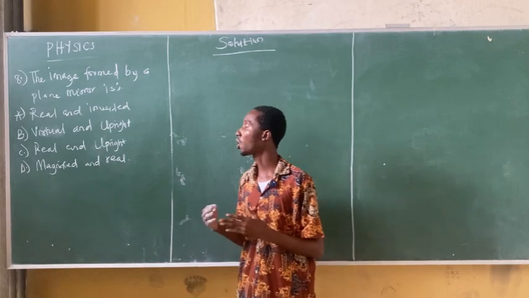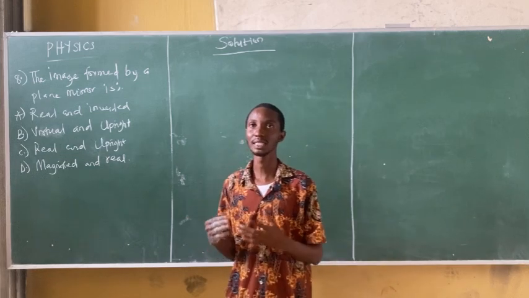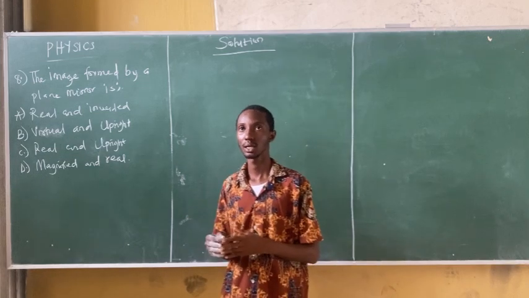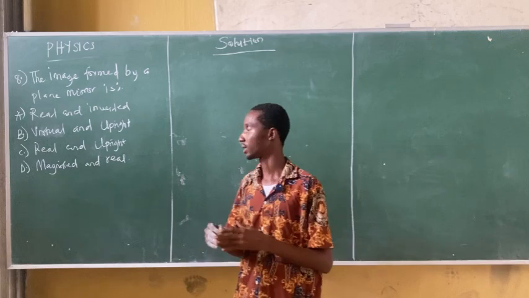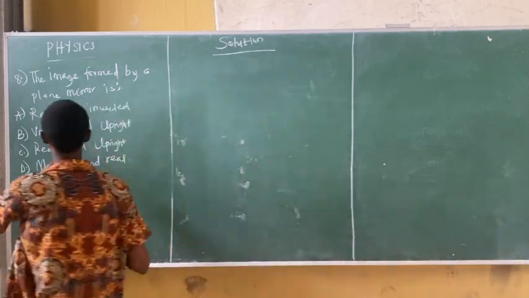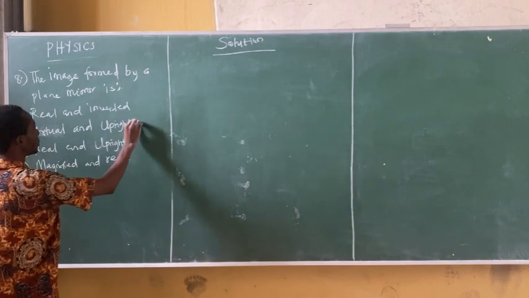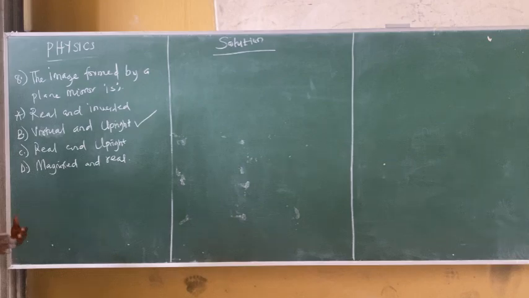Plane mirrors always form an upright virtual image that is the same size as the object and laterally inverted. So the correct option here is option B, because they form an upright and virtual image that is the same size as the object, but they are laterally inverted. So the correct option here is option B, virtual and upright.